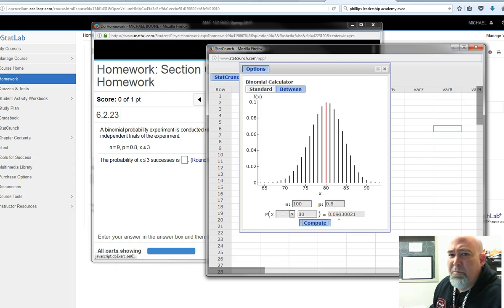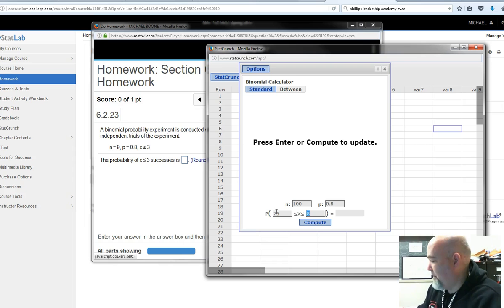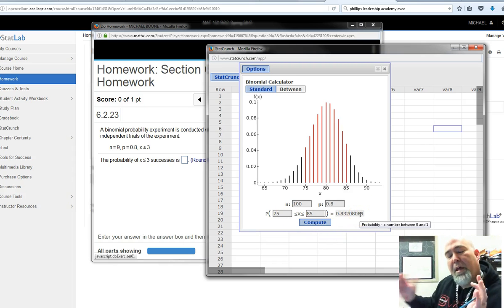But if I'm an 80% free throw shooter, I might make 81 or 82, 75, something like that. So that's when we can look at a range. Let's say that I want to make between 75 and 85. I have an 83% chance of making within that window.